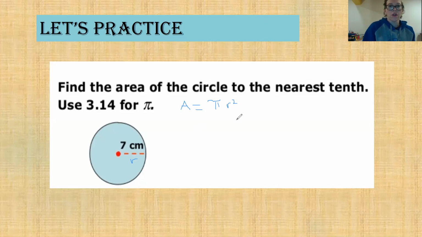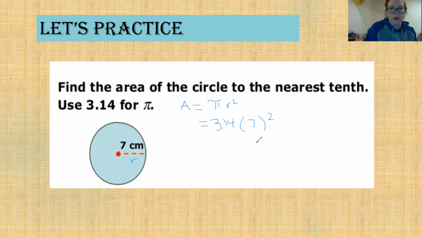Okay, so we already know that pi, we're going to use 3.14 for pi. So we're going to substitute 3.14, and then we're going to multiply that times r squared. Now r is a radius, so in this case it's 7. So 7 squared, so we have to remember back to when we did exponents.